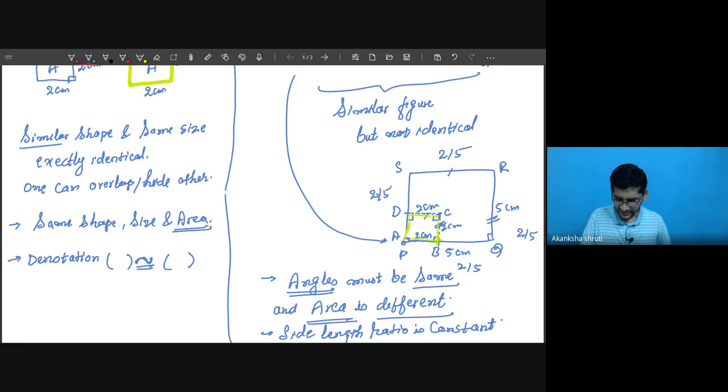And this is the other figure. Okay, but for similarity, the denotation is simply putting the tilde sign, because it is not equal. So it is simply whatever figure you write, this symbol, and you write the name of the other figure. Okay, student? It is this way of denoting.